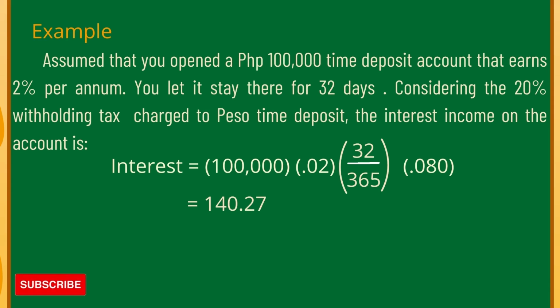Considering the 20% withholding tax charged to peso time deposit, the interest income on the account is on the solution, which is interest equals to the principal, which is 100,000, then the rate, which is 2%, or in decimal that would be 0.02, then the number of days, which is 32 days divided by 365 days in a year, and then the 0.80, which is 100% minus 20% of withholding tax.